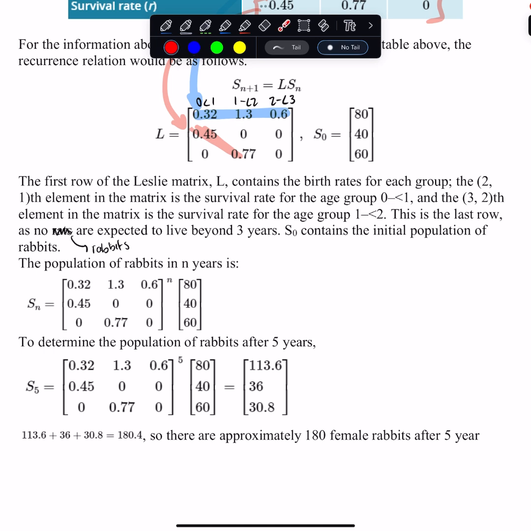Now, you might be asking, what are those values? So the initial value is the number of rabbits from 0 to 1, the number of rabbits from 1 to 2, and the number of rabbits from 2 to 3.